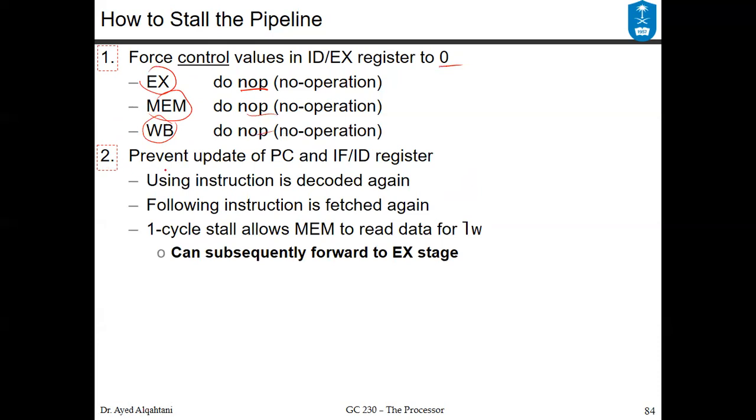And then you prevent the update of the program counter to keep the current instruction one more cycle. This way you add the stall. So the using instruction is decoded again, the following instruction is fetched again, and the one cycle stall allows the memory to read the data for the load correctly and forward it without problem.